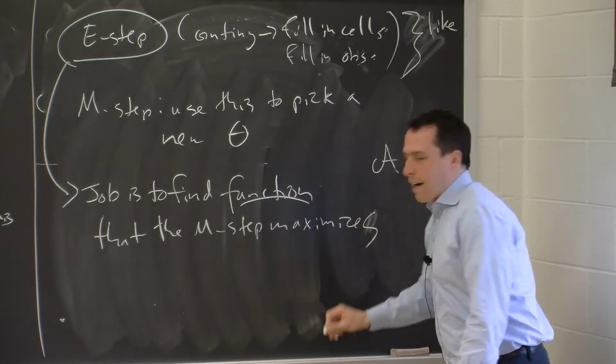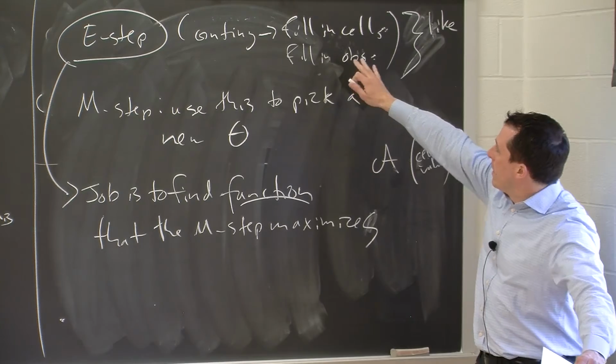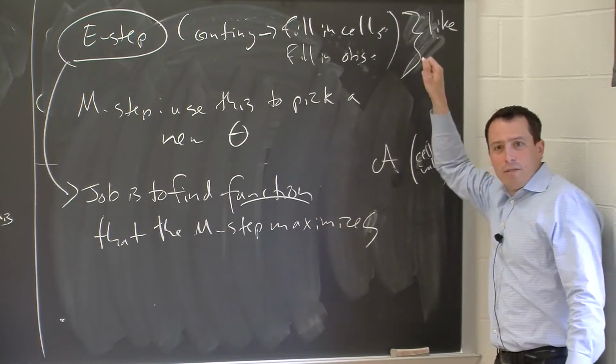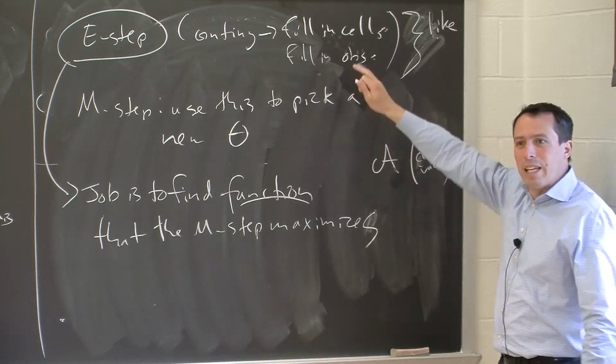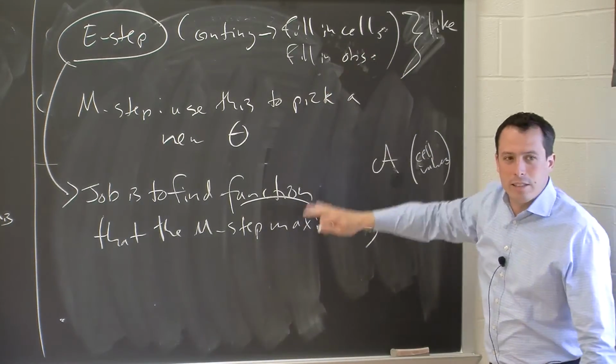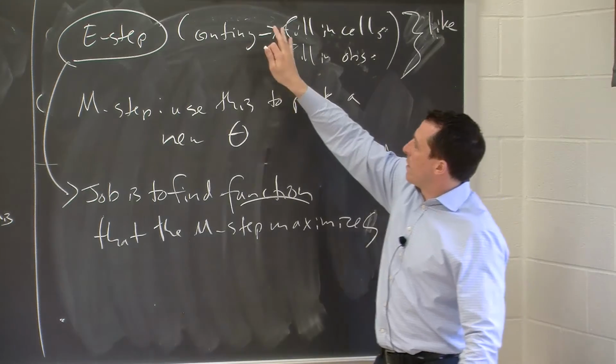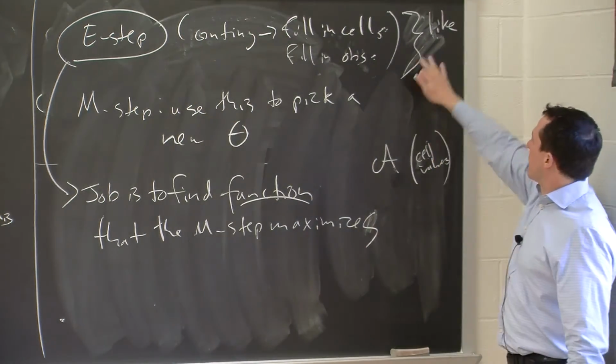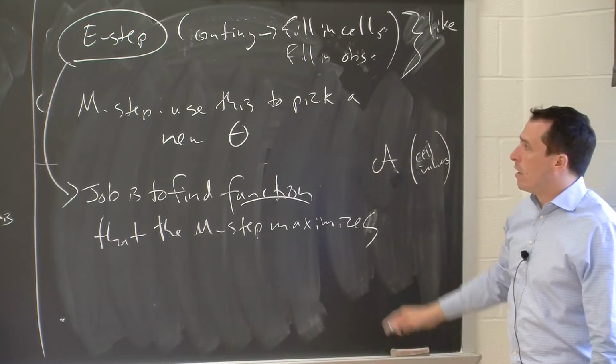All we care about is that this step, the E step, produces a function which is maximized if and only if the likelihood function is maximized. It doesn't even have to be the likelihood function. It just has to be something that when I maximize it, whatever function it outputs, it's the same as maximizing the likelihood in this step.